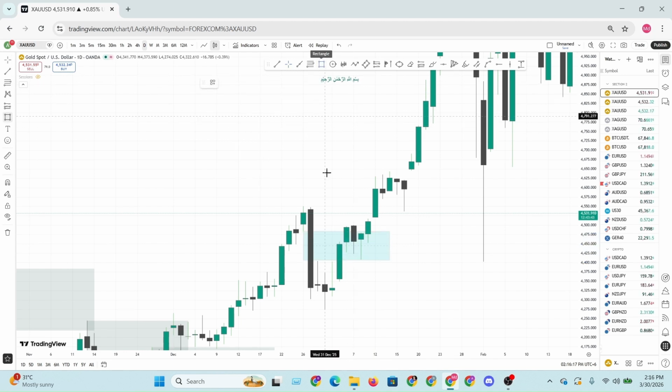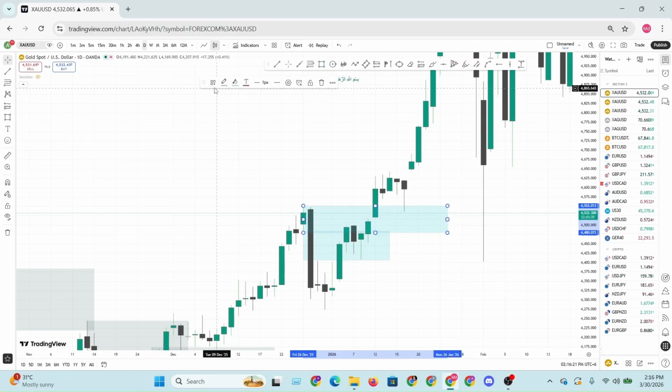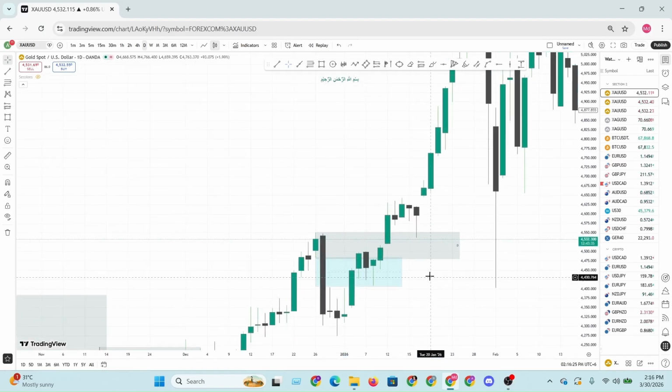This is the FVG, and this is the selling order block. What has the market done? The market came from this level, went there, moved a little bit, and cleanly broke this level.